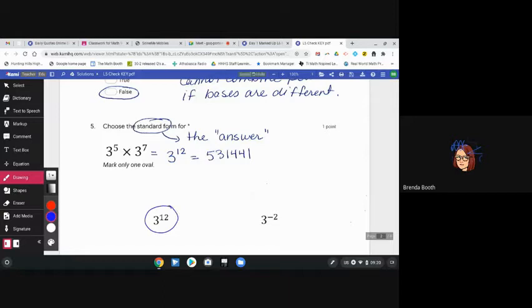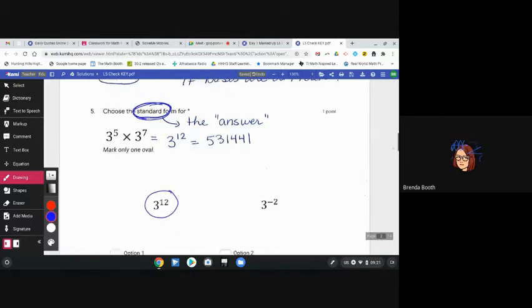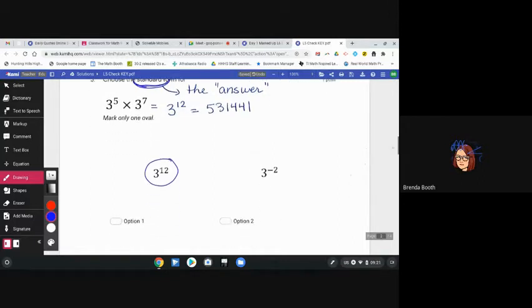I think you probably chose that one because there wasn't a correct answer because of my typo. But let's just remember that standard form is like the answer. So standard form, we're looking for just your number. What is the value of it?